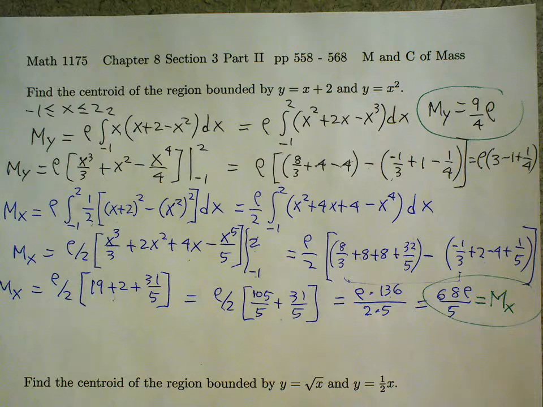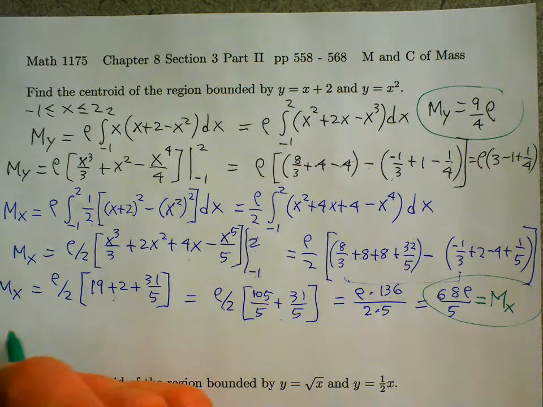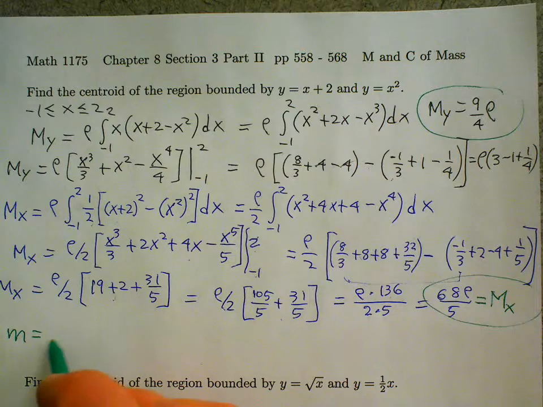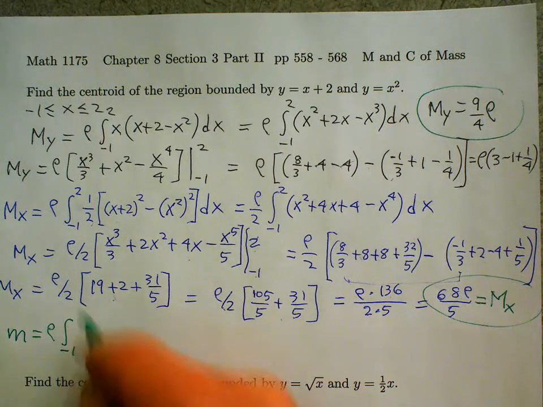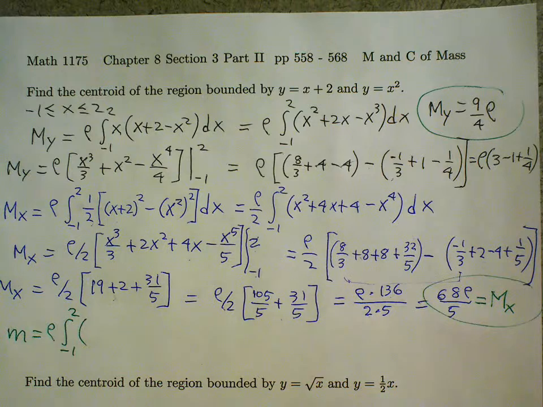Okay, we need to know the mass. So this is rho times the definite integral from -1 to 2 of x plus 2 minus x squared.